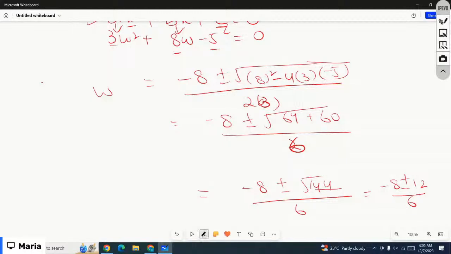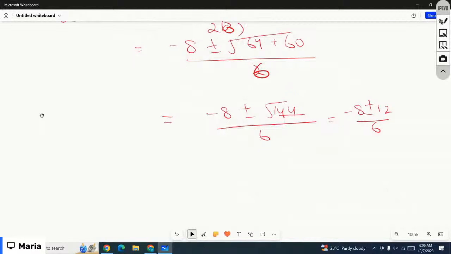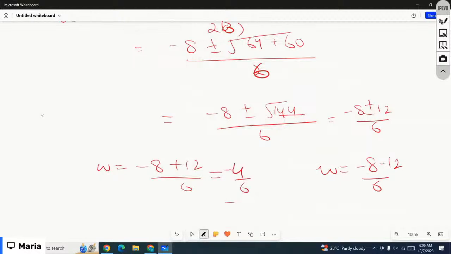Now you have the plus and minus. One time evaluate with a positive sign, and the second time with a negative sign. So w is negative 8 plus 12 over 6, and w equals negative 8 minus 12 over 6. 12 minus 8 is 4, that is 4 over 6, which means 2 over 3.